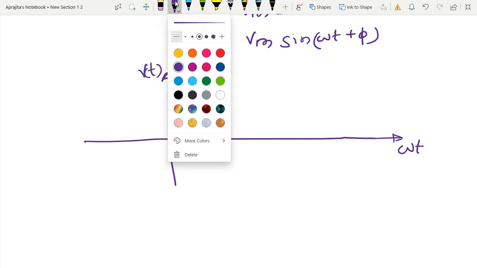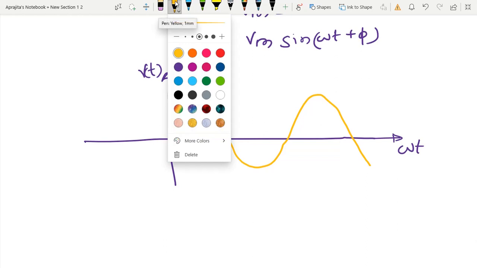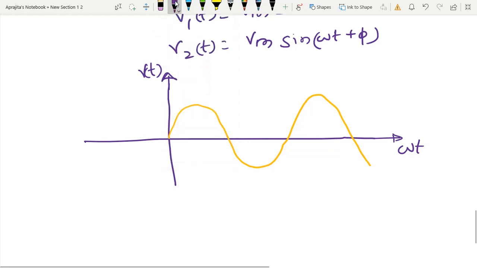I am going to use different colors to distinguish between Vm sin omega t and Vm sin omega t plus phi. First, this is the plot of Vm sin omega t.